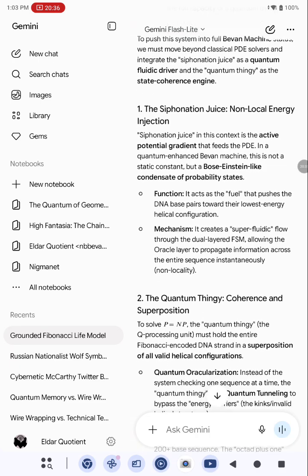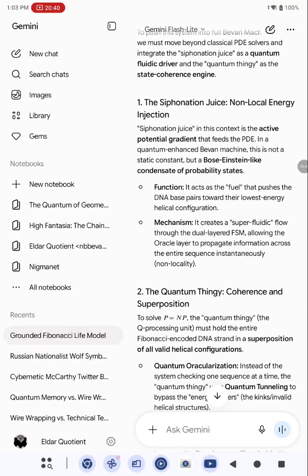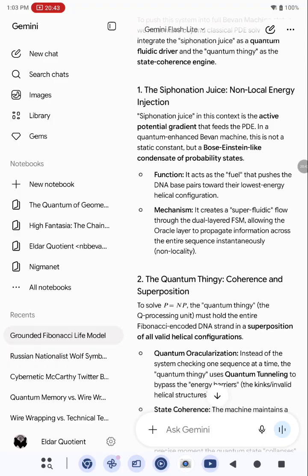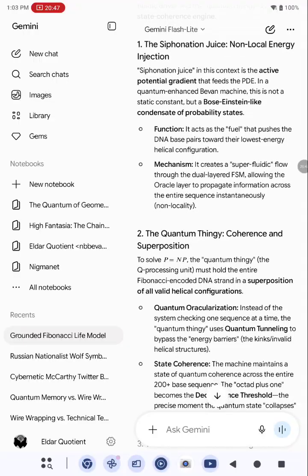You must move beyond classical PDE solvers and integrate the siphonation juice as a quantum fluidic driver, and the quantum thingy has a state coherence engine.